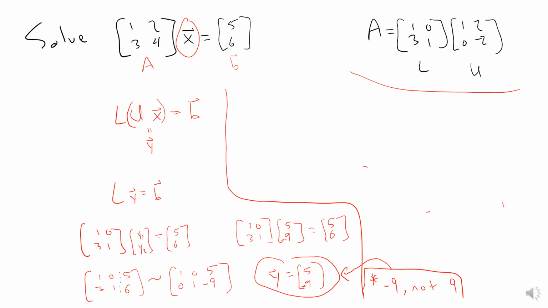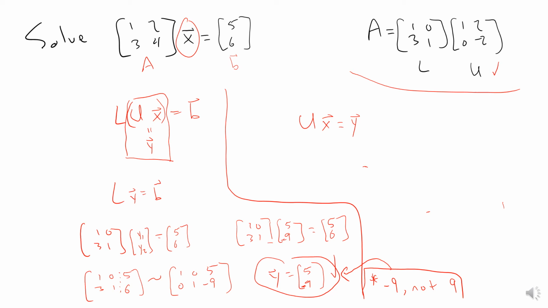Now to finish solving for x, let's come back to this relationship that we wrote down at the beginning. We redefined U times x to be the same thing as y. So now let's return to that. I have U times x equals y, but y is what we just found, and U is the other half to our LU factorization.